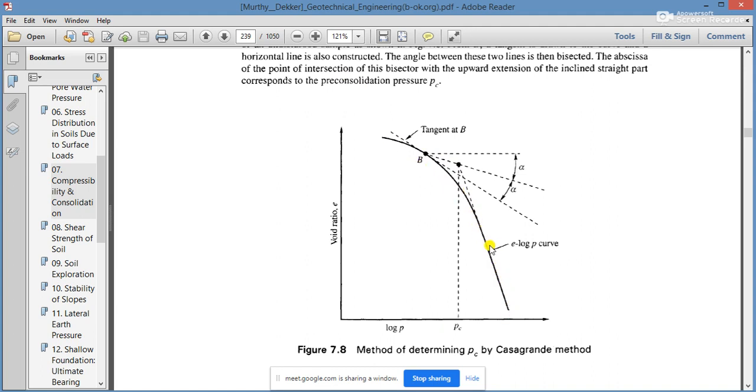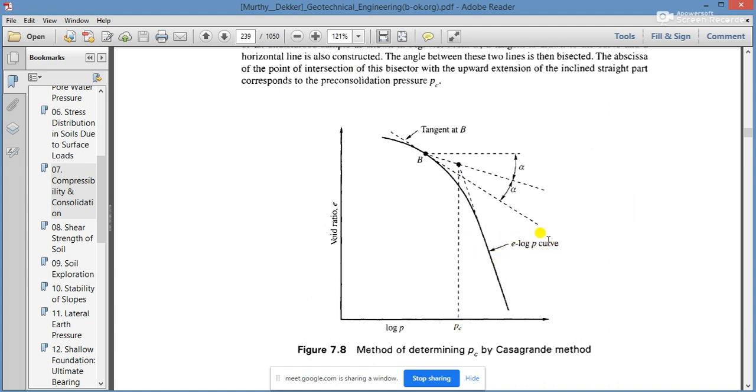If we extend the straight portion of the curve back to meet the bisector, the line we just drew bisecting the angle between the straight line and the tangent, we will get the pre-consolidation pressure. This is actually the pre-consolidation pressure.